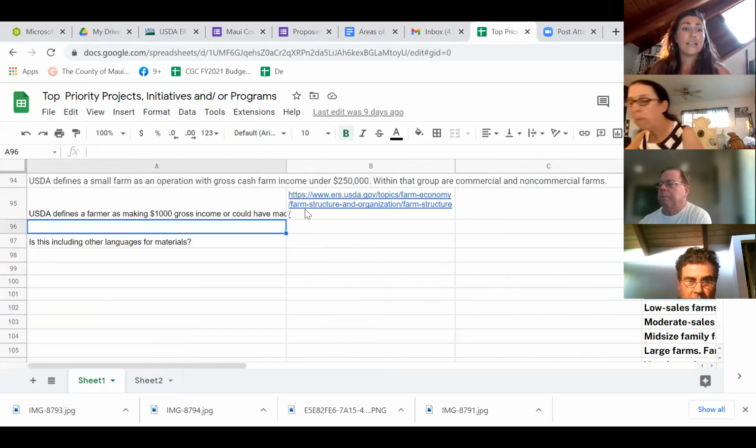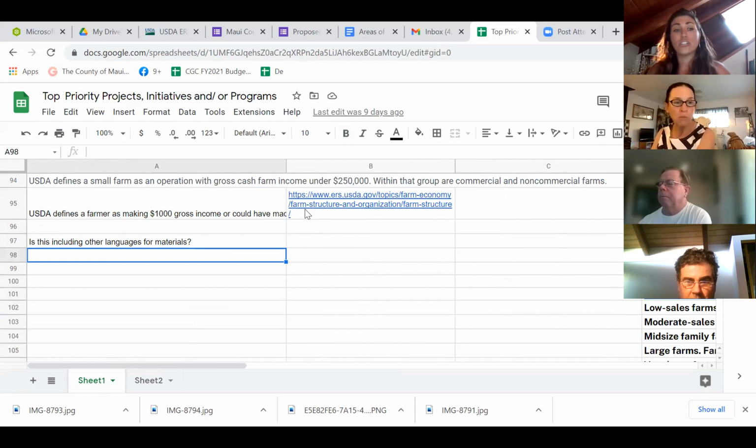The other thing is including other languages for materials. Because we have a lot of Micronesian farmers who may not be able to get assistance if there is a language barrier, or may not feel they're able to.